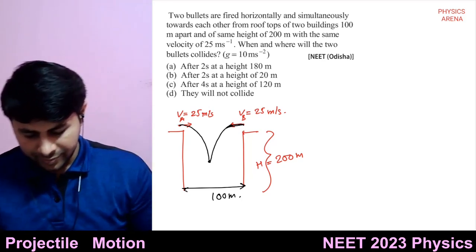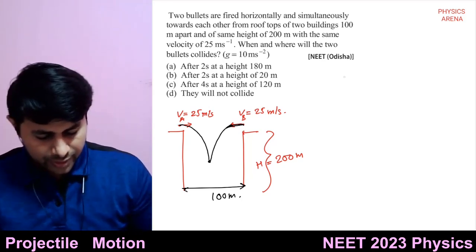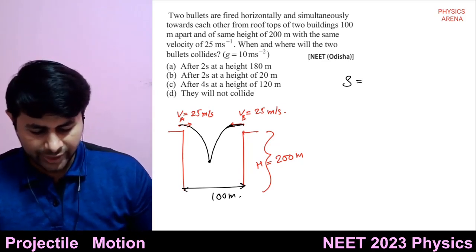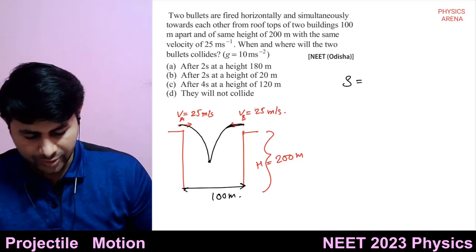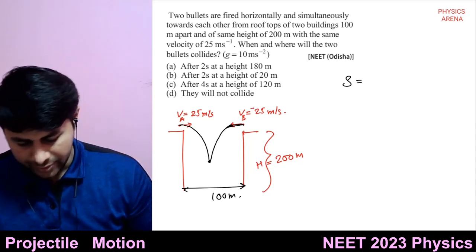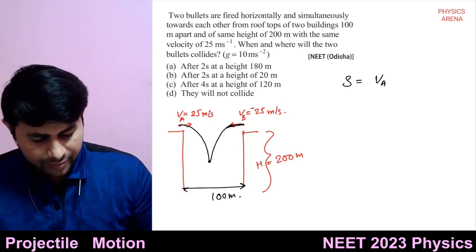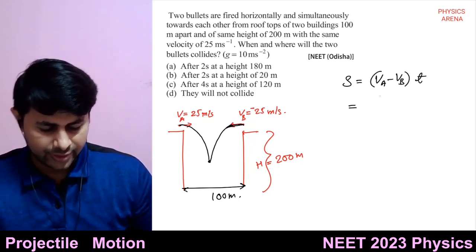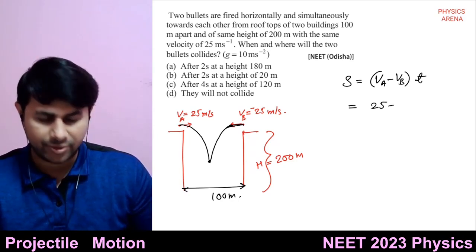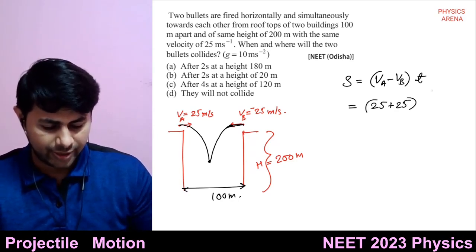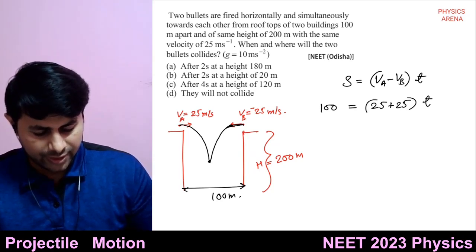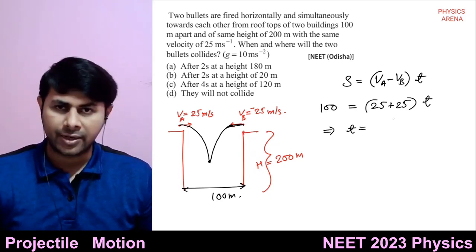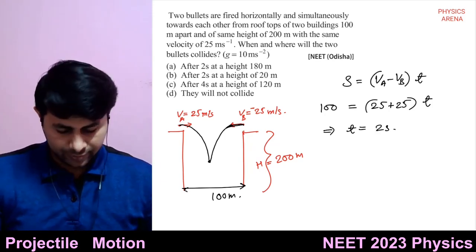So S is equal to, now VA would be positive, VB would be negative because it's moving towards the left, so it is VA minus VB multiplied by T. That is 50 multiplied by T. This is 100, so T equals 100 divided by 50, 2 seconds.